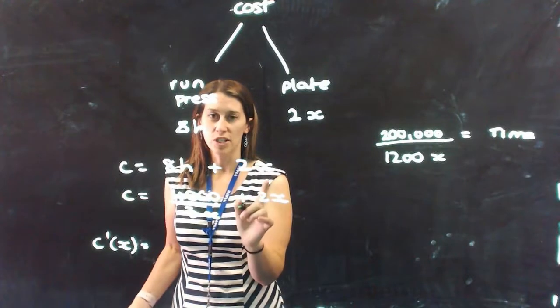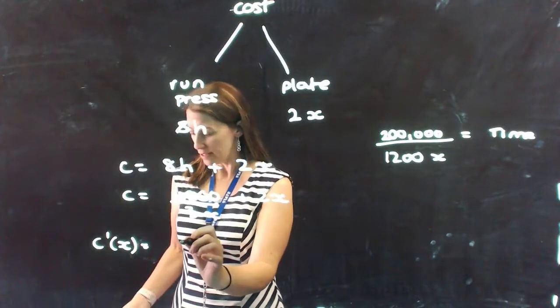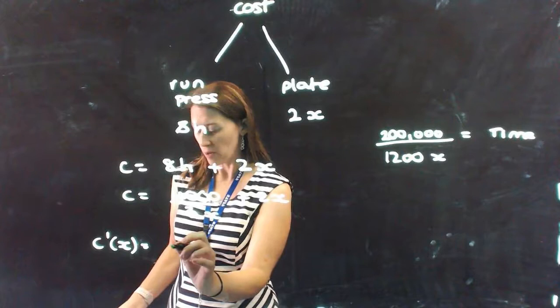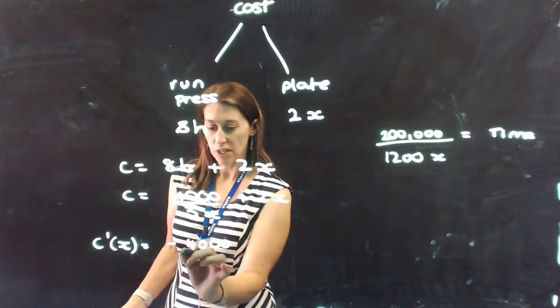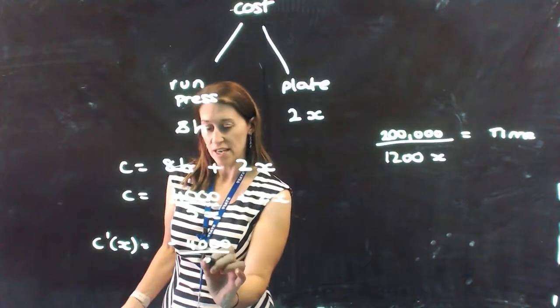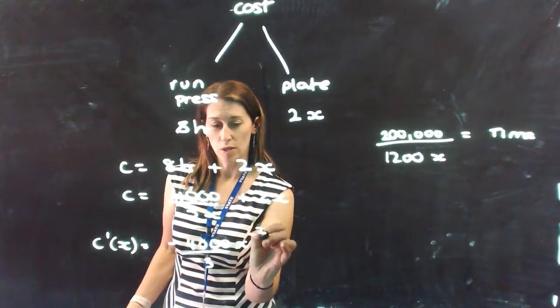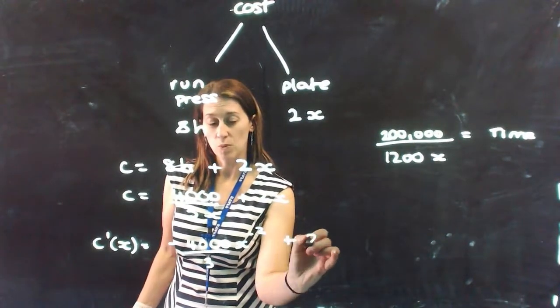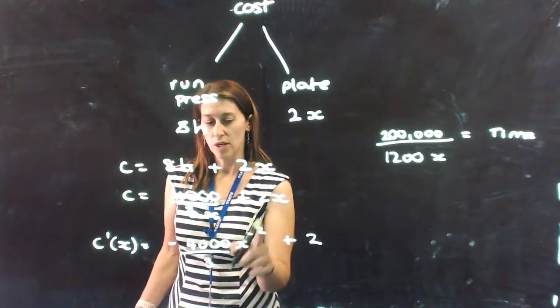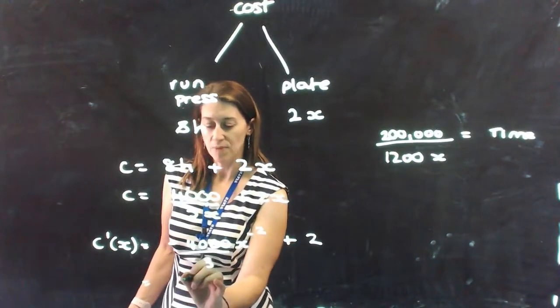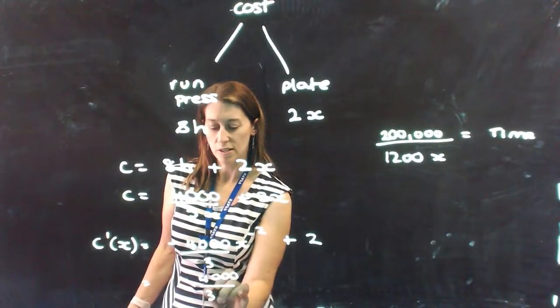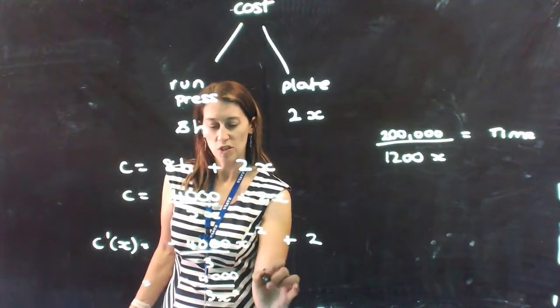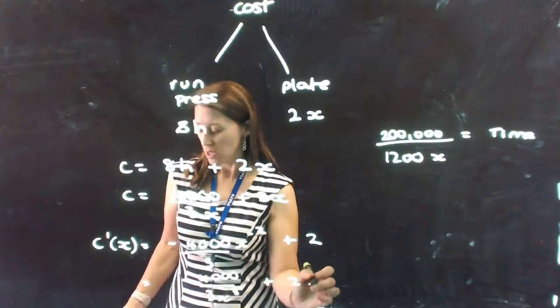When I differentiate that, it becomes minus 4,000 over 3x to the negative 2, and then the 2x just becomes 2. Rewriting that, you get minus 4,000 over 3x squared, plus the 2.